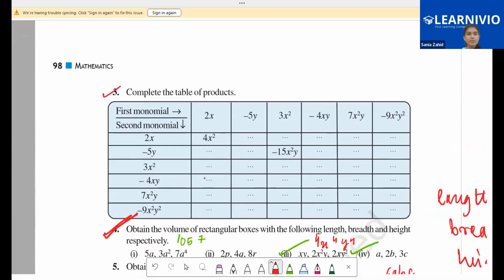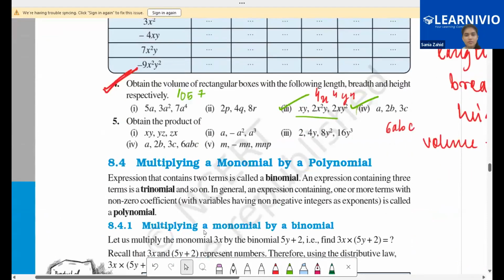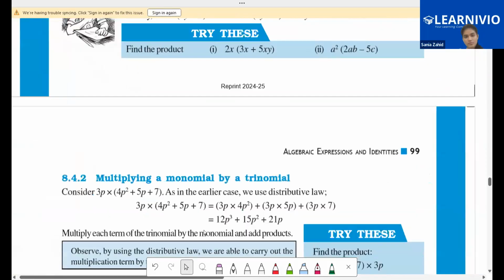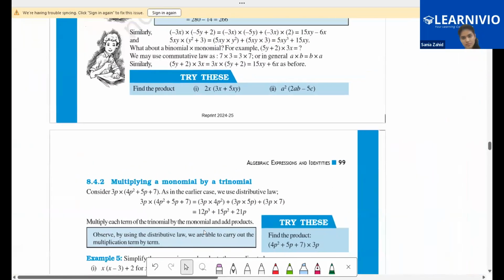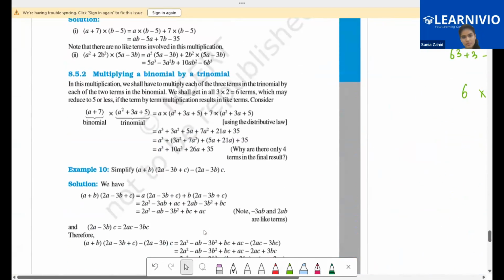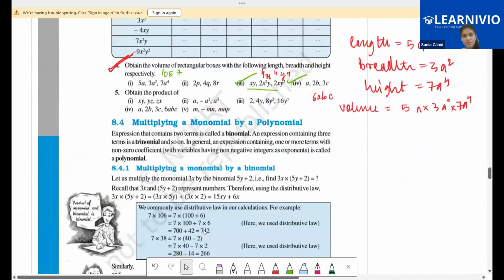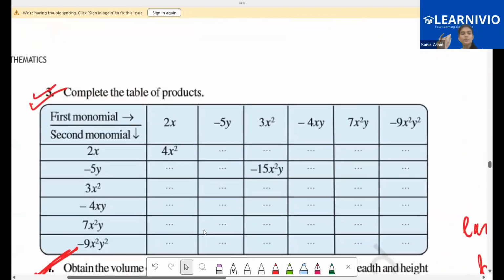This table also we can have a discussion. You see, children, in this table, what do we have? Like you have to multiply all of these monomials together. Like 2x, first you multiply with 2x, so you get 2x squared.